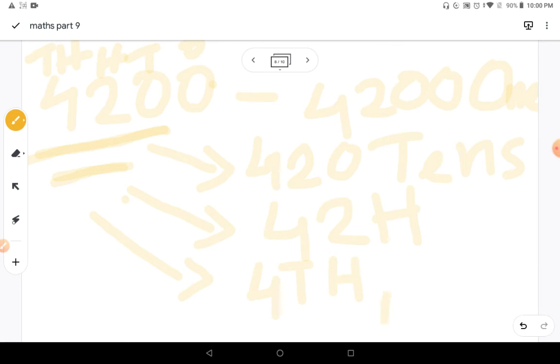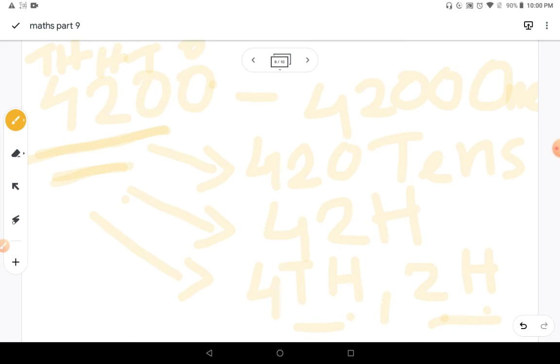So this is 4 thousands and 2 hundreds. Basically, this is 4 thousands, 2 hundreds and then 0 tens and 0 ones, so you don't have to write them since the tens place and ones place are 0.